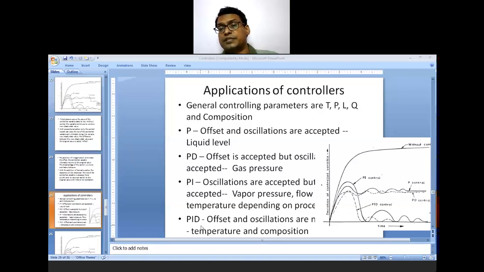That is, the offset and oscillations both are not accepted. That is in case of the proportional, integral and derivative controller.